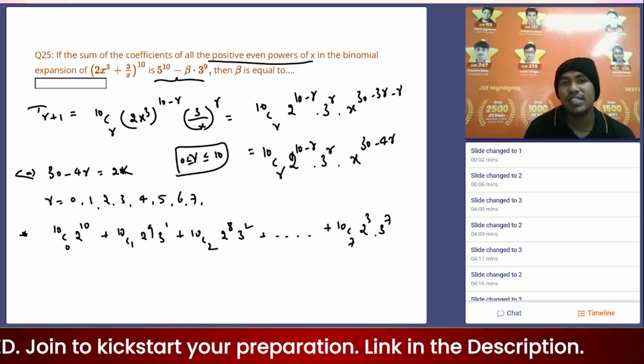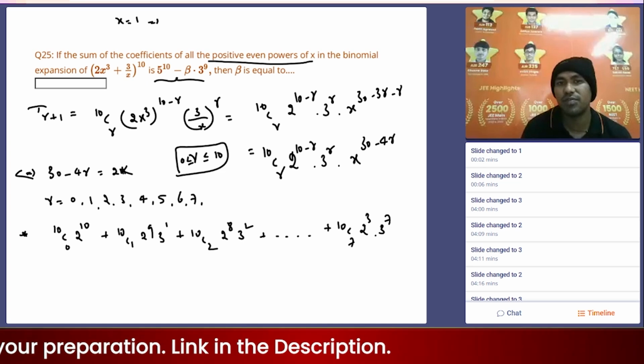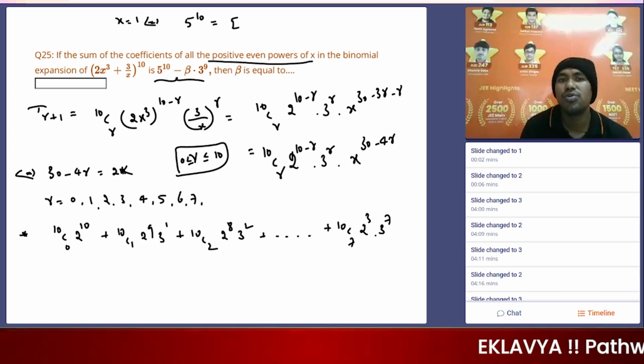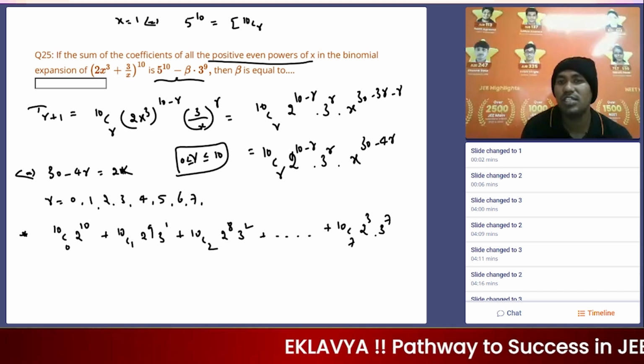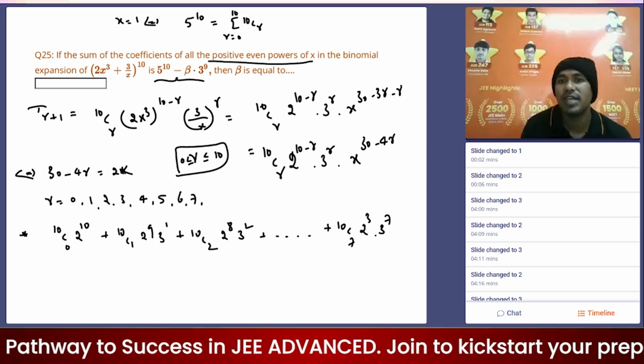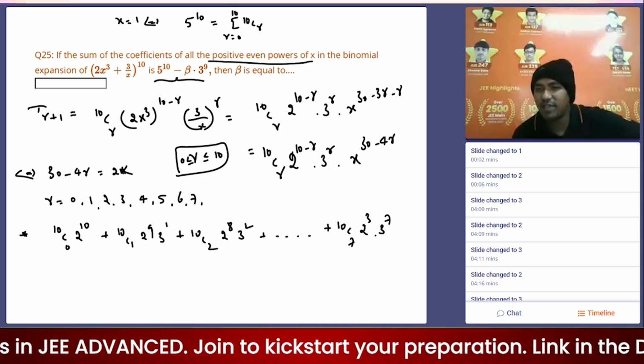And if you take the sum of all binomial coefficients by taking x equal to 1, what will happen? You will get 5^10, which is equal to the summation of all these values, where R is running from 0 to 10, right? But till 7 only we are having.